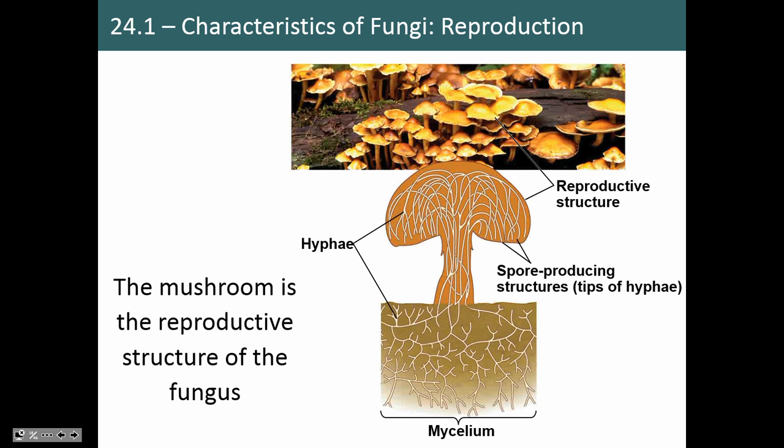And when it's ready to reproduce, it is going to make this reproductive structure, the mushroom, which is also composed entirely of hyphae. Right? And then the tips of the hyphae in the reproductive structure have these special spore-producing structures at the very tips. And that's going to be where the spores are released from.